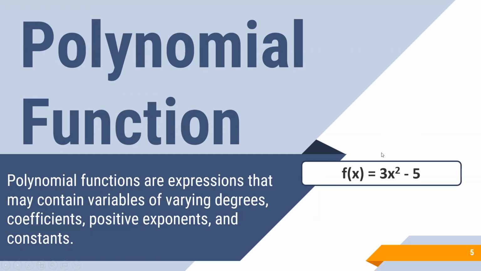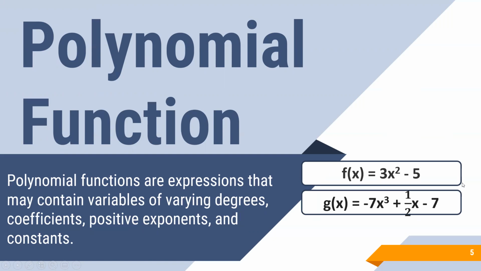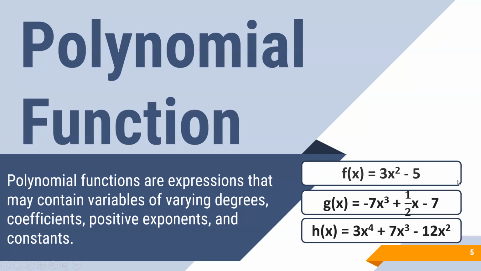For example, we have f of x is equal to 3x squared minus 5. We also have g of x is equal to -7x cubed plus 1/2 x minus 7. And of course, we have h of x is equal to 3x raised to 4 plus 7x cubed minus 12x squared. All right.